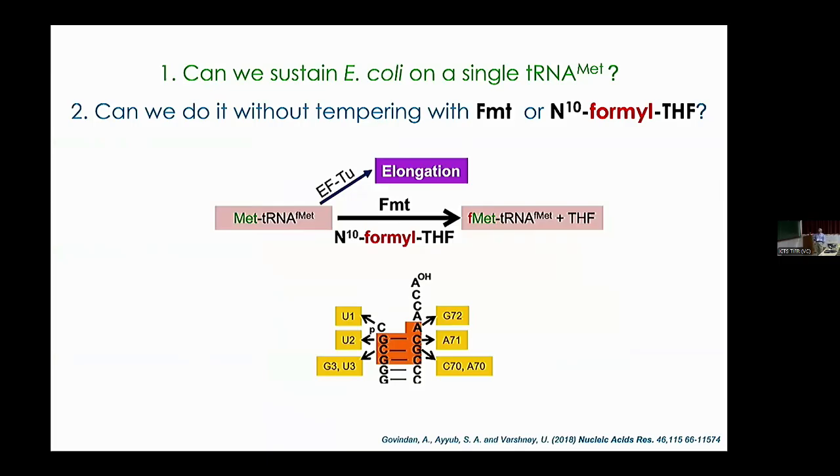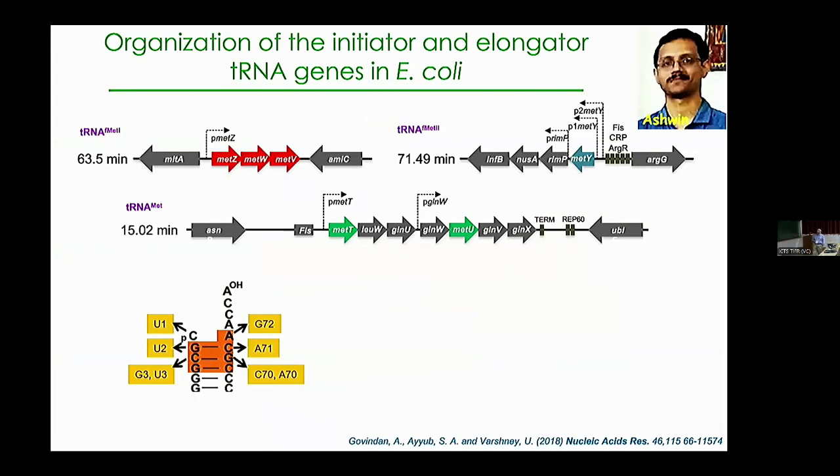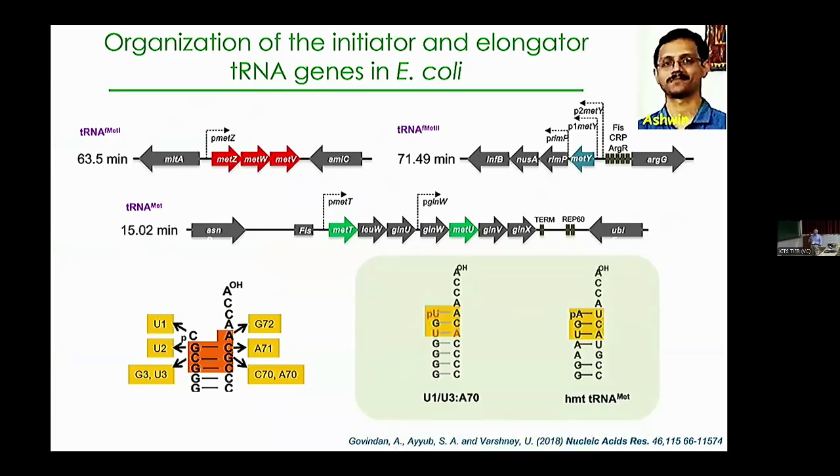And we have already characterized many of these mutations that will compromise the tRNA for formylation. And so we could use these mutant tRNAs and ask a question: if we use these mutant tRNAs, can we now delete these three genes, this single gene, and both of the elongator tRNA genes? And Ashwin in the lab did this work, and he was indeed able to do that. He was able to get rid of all of these 6 genes.